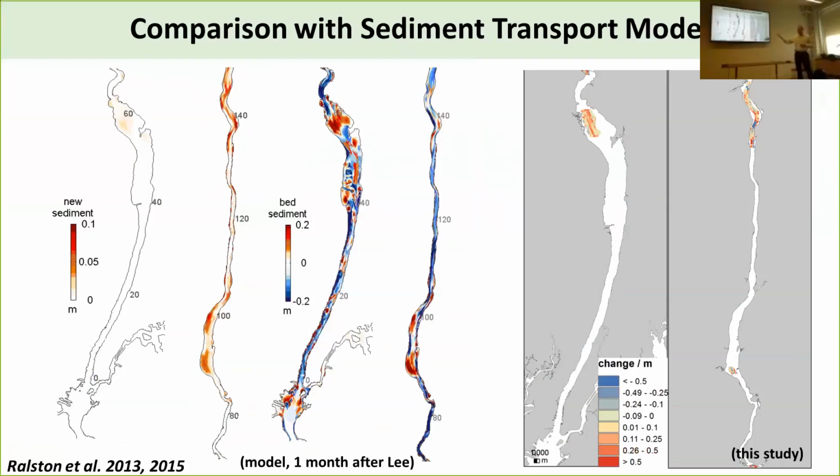Dave also gave us the model output, so we have the data on where they think the sediment went 1 month after Lee happened. So we can compare those as well with our data that we have here.